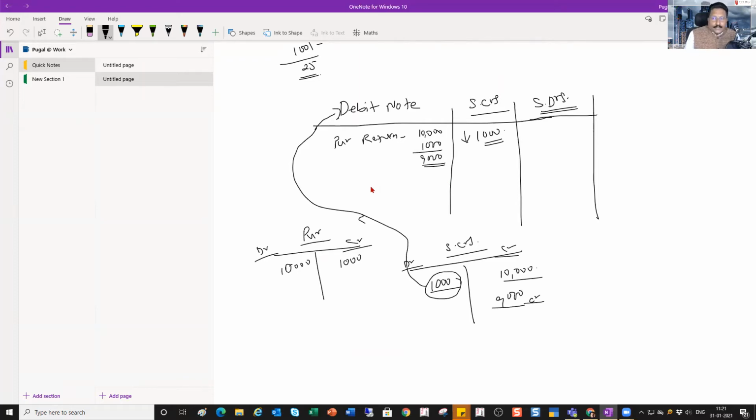In this use case, let us assume that the rate for this particular thing should have been 100 rupees. But the supplier, when he's making the invoice, has charged me 110 rupees, which means he's charged me 10 rupees excess.